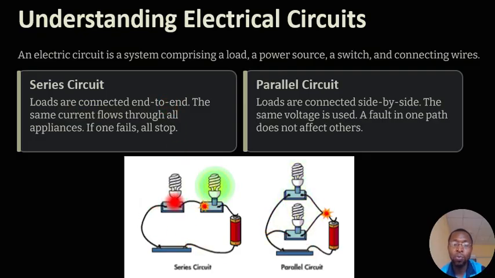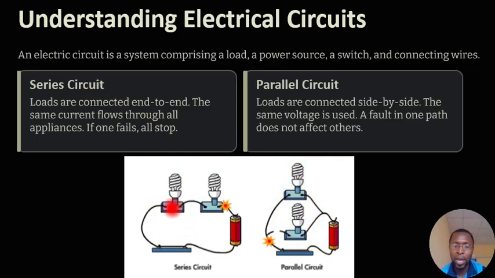The appliance is what we refer to as a load, either your fridge, your ceiling fan, your light bulb. But right now, we're making use of a light bulb as an example of load. When you connect the loads end to end, as you could see, using the electrical connecting wires, side by side, then you call that circuit a series circuit connection.